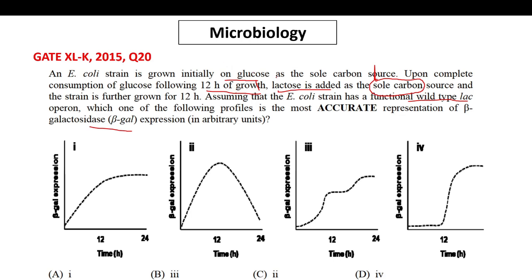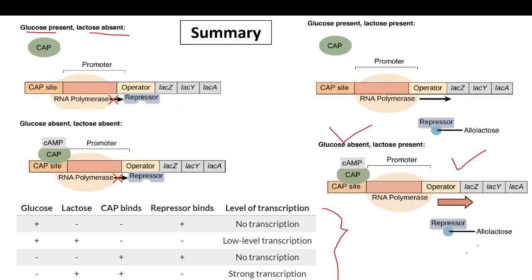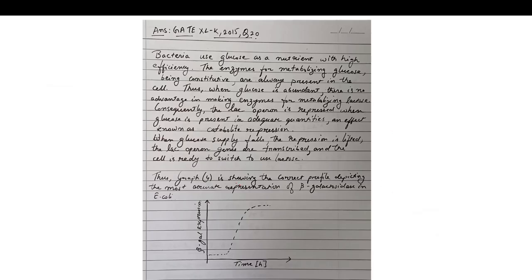So that happened in the first 12 hours, when glucose was the sole carbon source present. But after 12 hours, when glucose supply falls, the repression is now lifted. As we have seen here, the repression is now lifted. Okay, so as a result of that, the beta galactosidase will now be able to express.